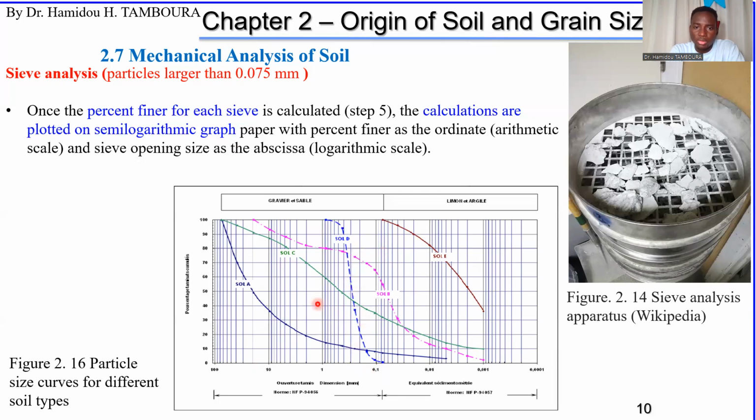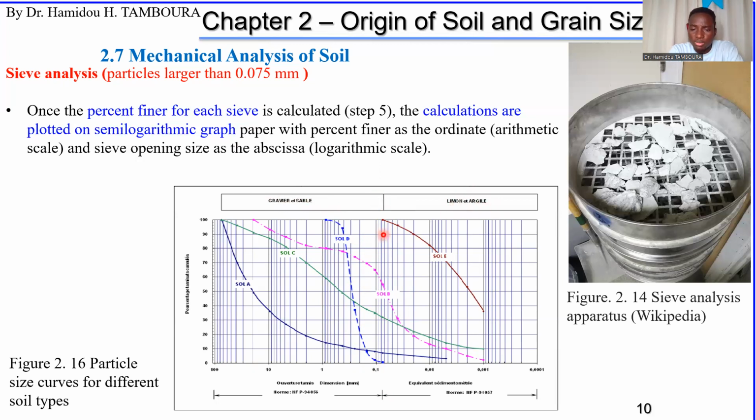So on this graph, we can make classification. We can know, for example, here is gravel and sand, and this one is clay and silt.